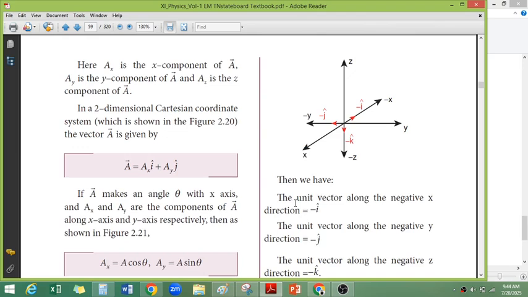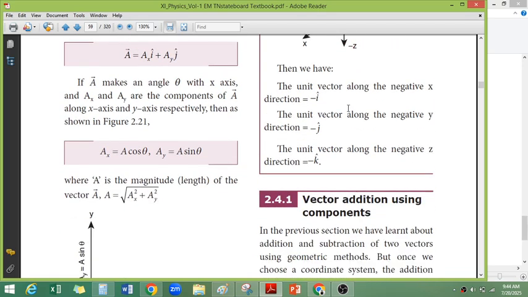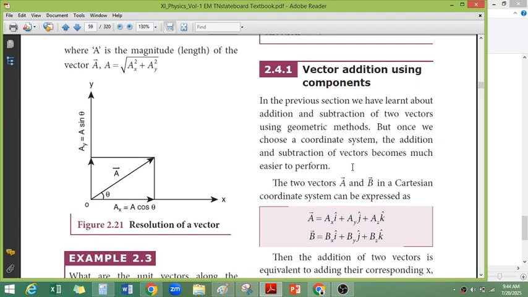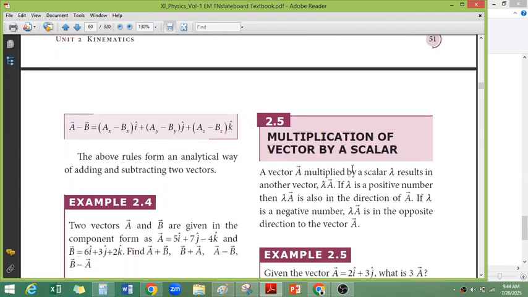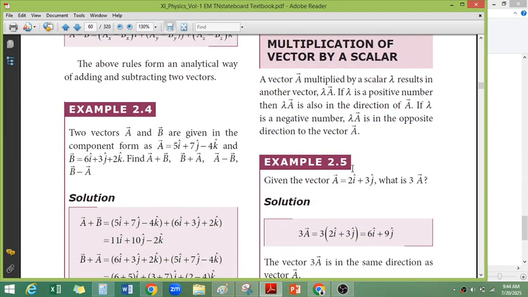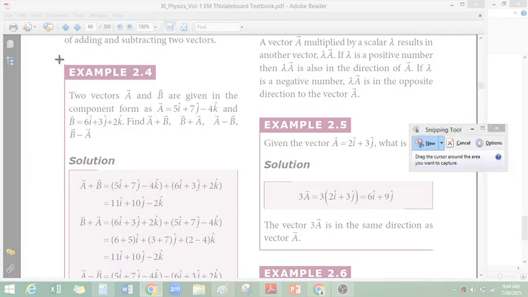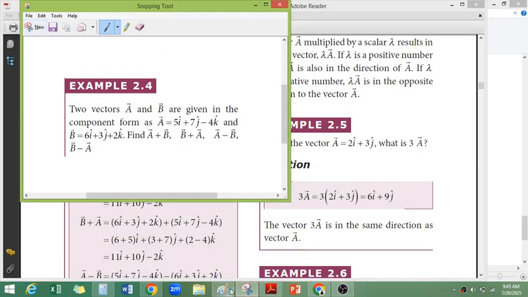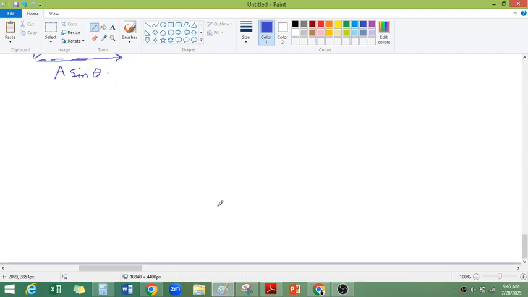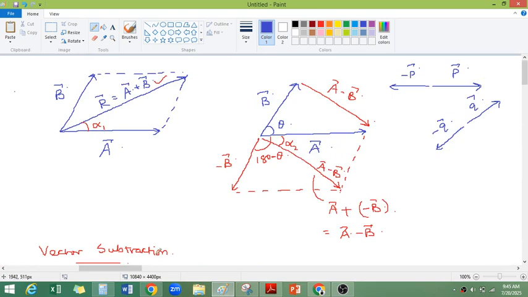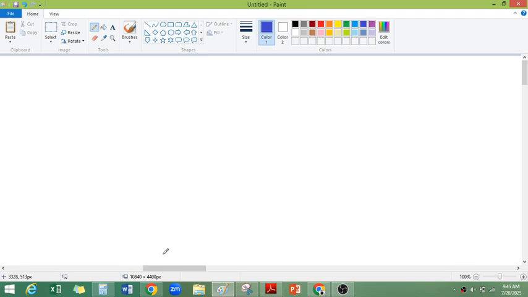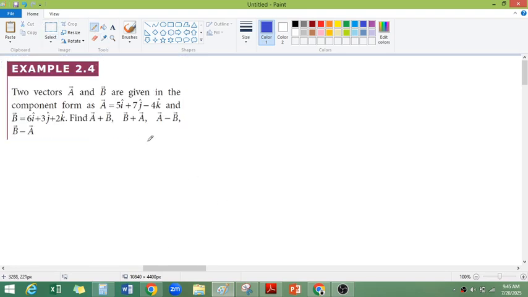Negative z direction is minus k, negative x direction is minus i, negative y direction is minus j. Okay? It's not difficult, you can study it yourself. Vector addition using components. Two vectors a and b are given in the component form.